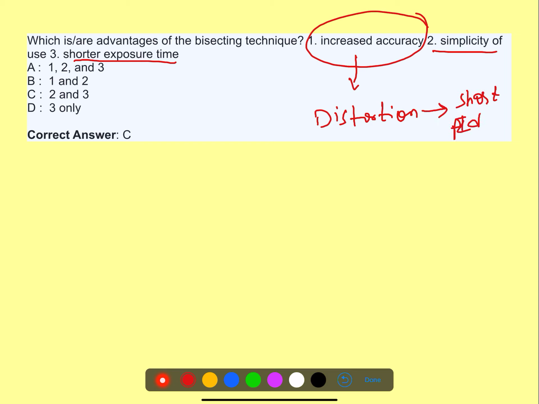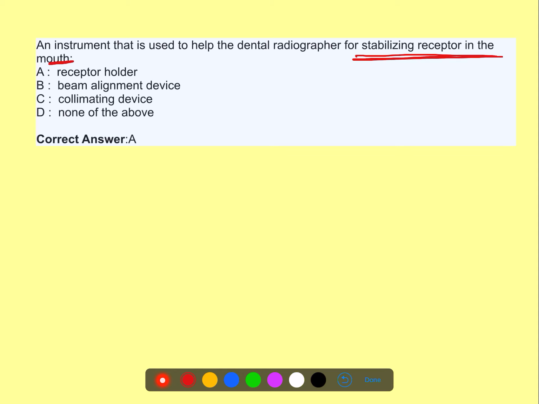An instrument that is used to help the dental radiographer for stabilizing the receptor in the mouth. So for stabilizing the receptor in the mouth, the instrument used is the receptor holder. Then what is a beam alignment device? A beam alignment device is used to position the PID in relation to tooth and receptor.